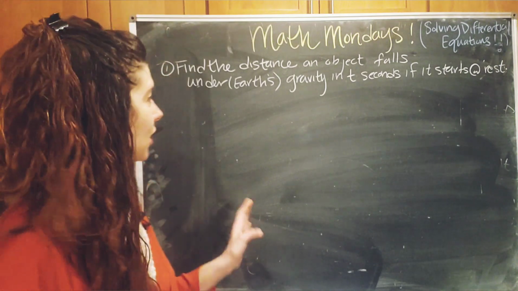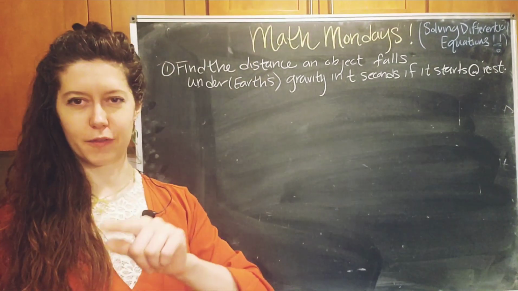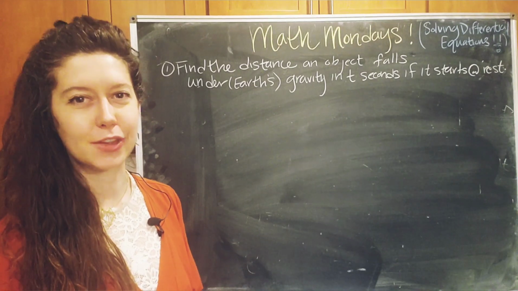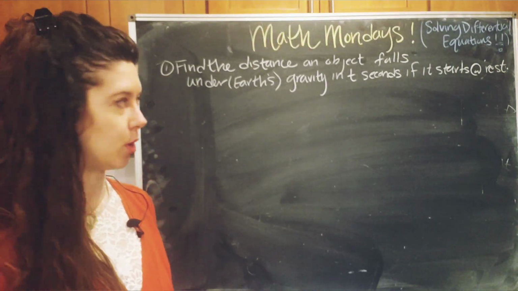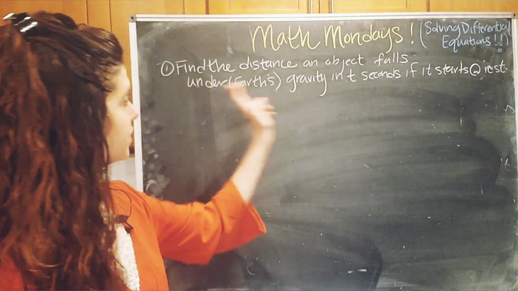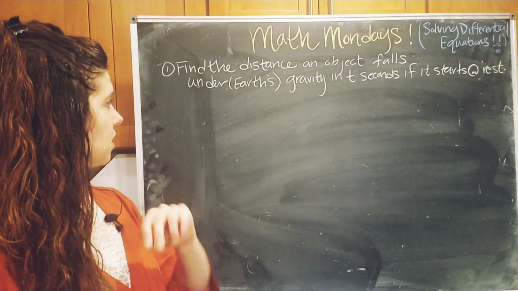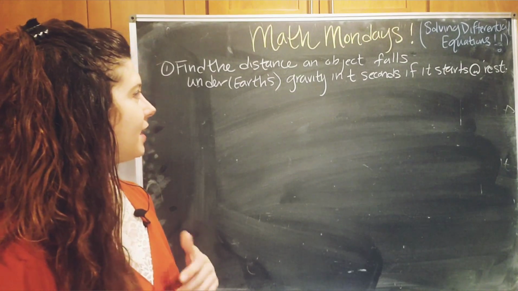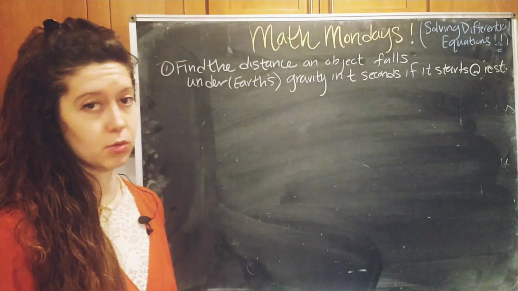Cool. Okay. So our problem statement, again from the Mathematical Methods in the Physical Sciences textbook by Mary L. Boas. This example is find the distance an object falls under Earth's gravity in t seconds if it starts at rest.